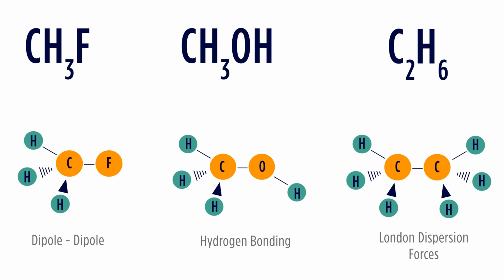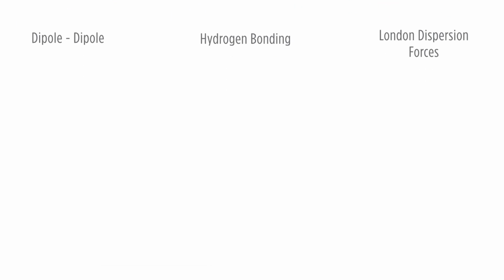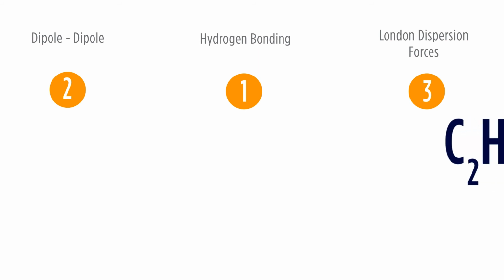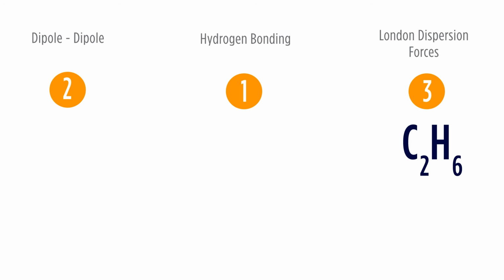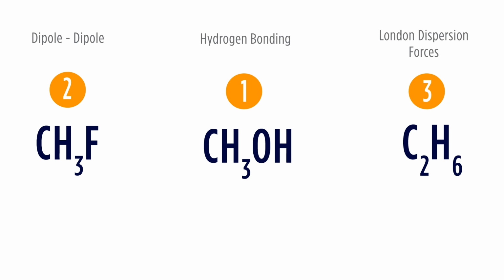Therefore, if we think about these three, which one has the strongest intermolecular interaction? Well, that's going to be the hydrogen bonding. Which one has the second? That's going to be the dipole-dipole interaction. And then finally, the London dispersion forces. So if we rank these, ethane is going to be the lowest boiling point, fluoromethane greater than that, and then methanol will have the most.